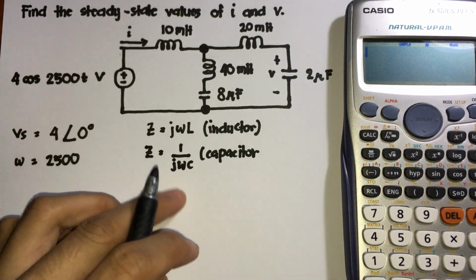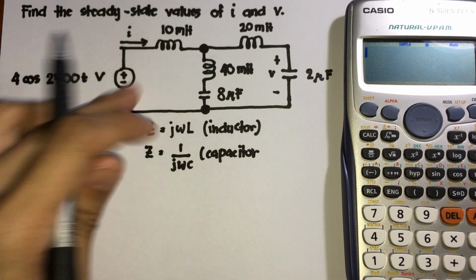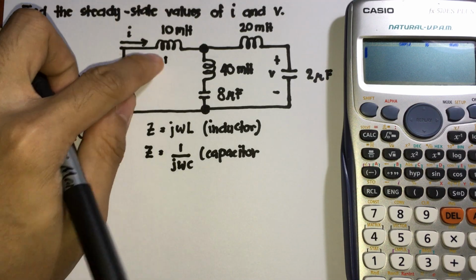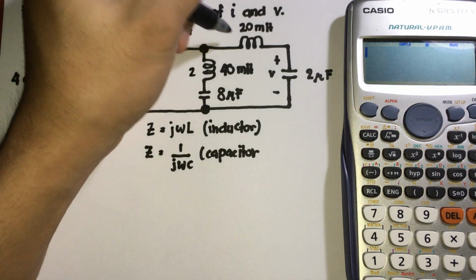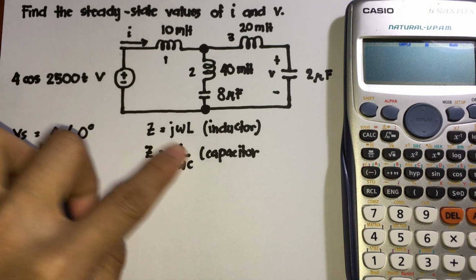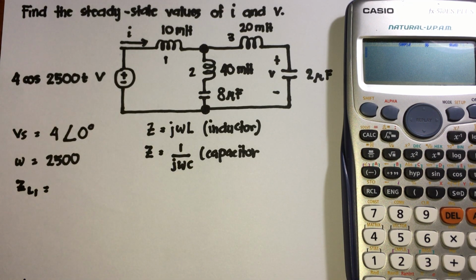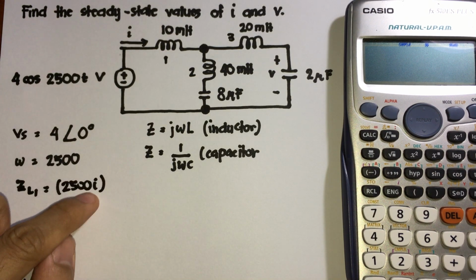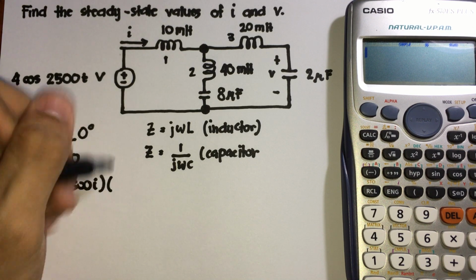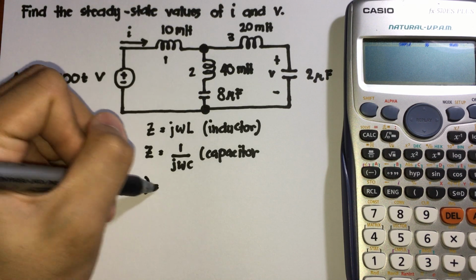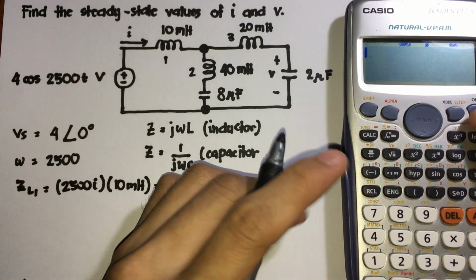So now we know their equations. We will first solve the inductors. We will call them ZL1, ZL2, and ZL3. ZL1 is equal to J omega L: omega is 2500, this is the J, the complex constant, and the value of the inductor L is 10 millihenry.